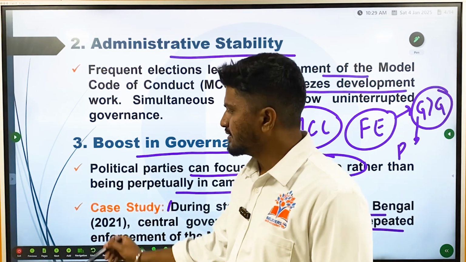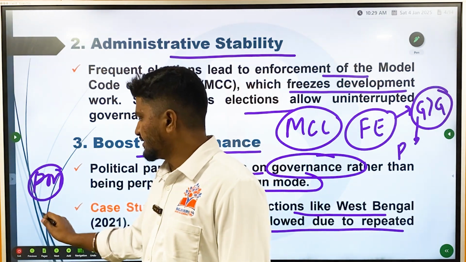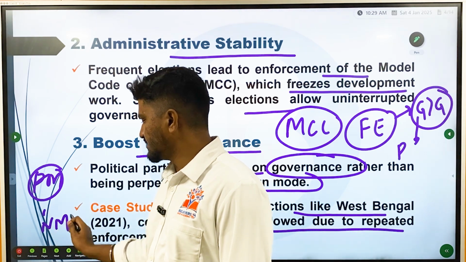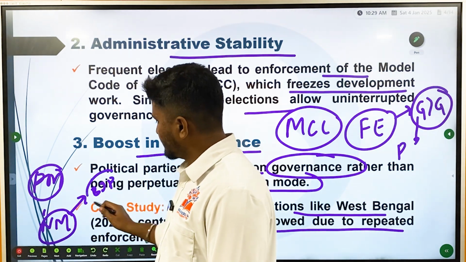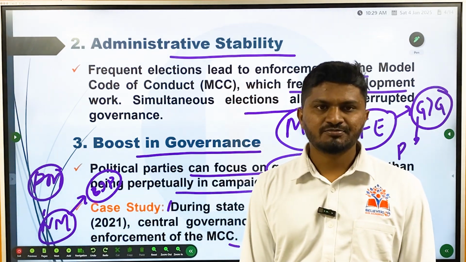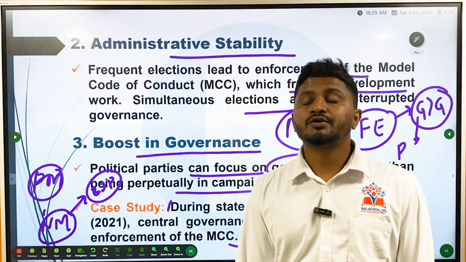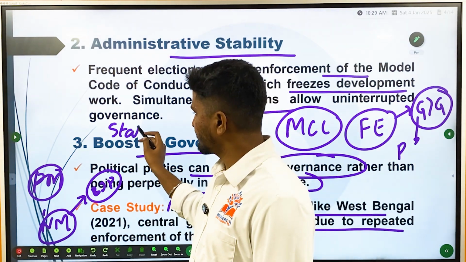See, who is the Prime Minister of India? Narendra Modi ji. He is also the head of the BJP. So he will be doing the campaigning for the BJP during the Lok Sabha elections. He will also be required to campaign whenever there are elections at the state level.